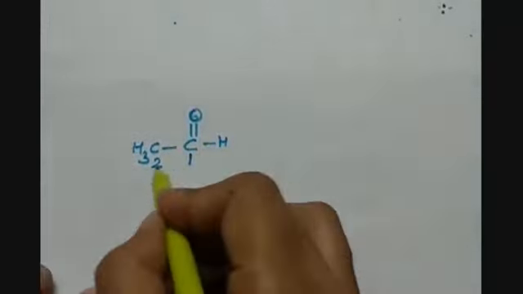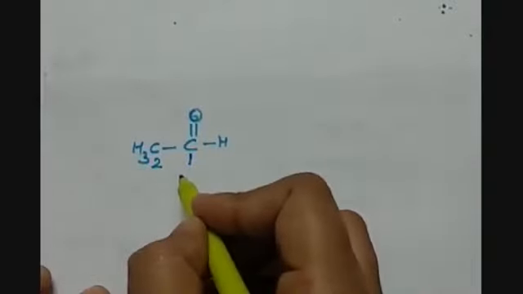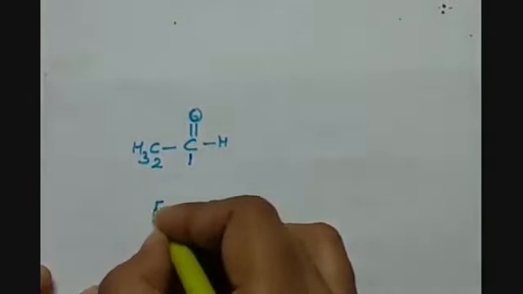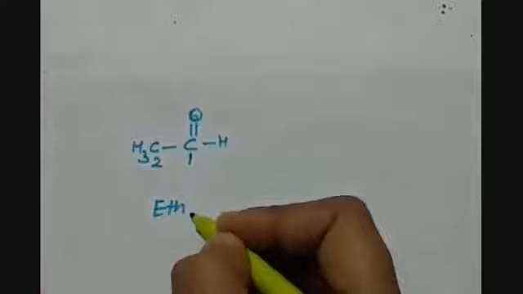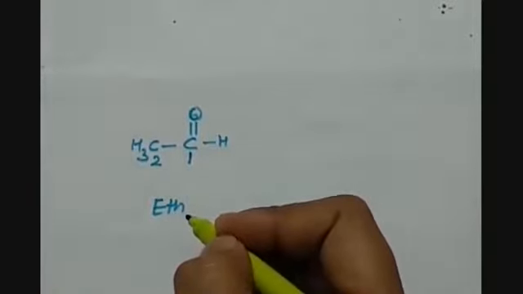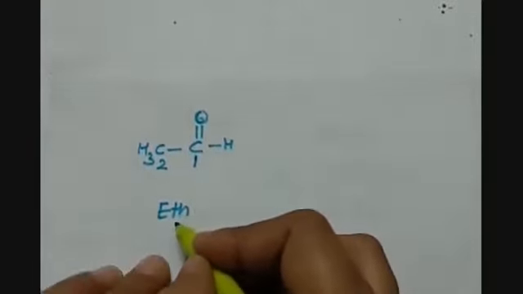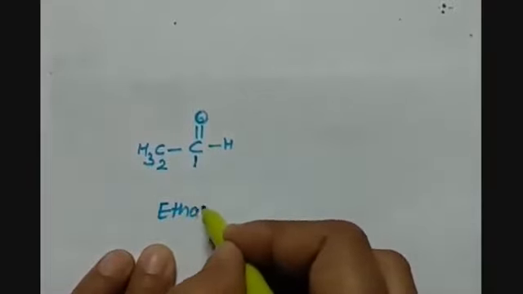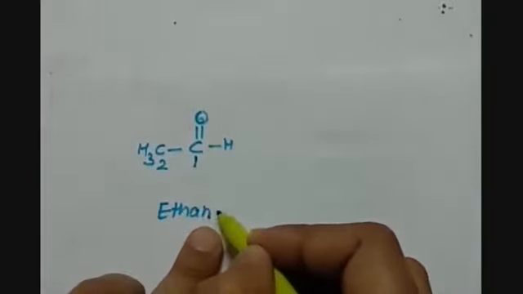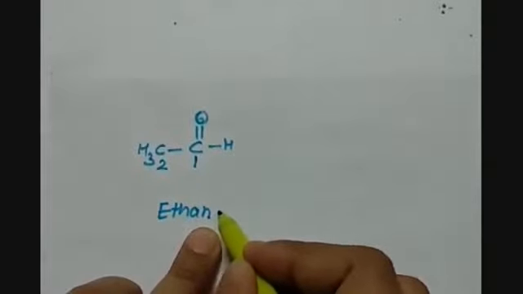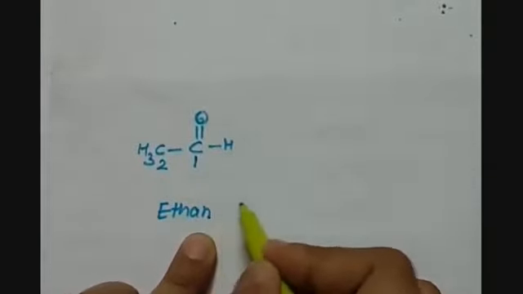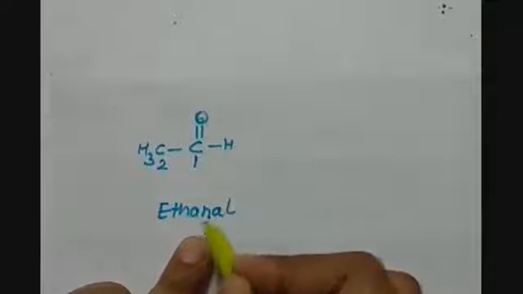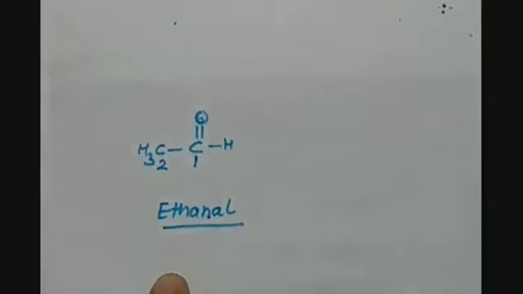So we have 2 carbons, so it will be eth. There is no substituent group, so we will not look for a prefix here. As it will be ethane, we remove the E and add al here. So what will the name become? Ethanal. That is the IUPAC name for CH3COH.